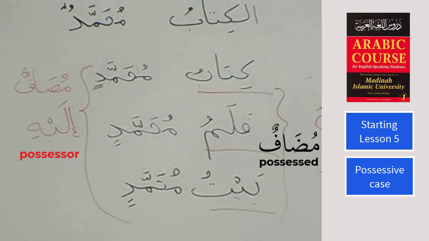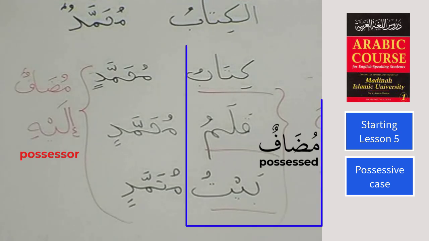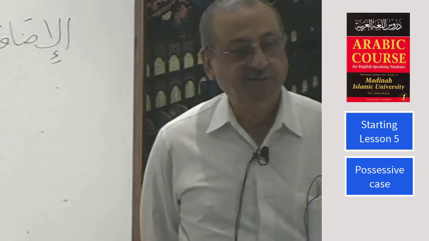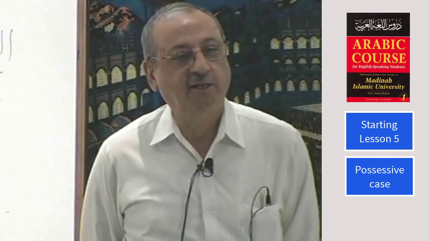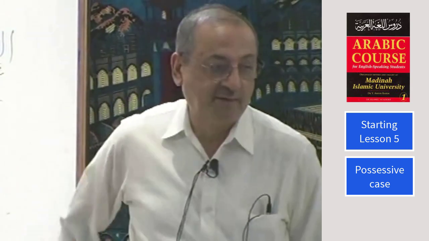What about mudaf? What do you see in mudaf? It's marfu, but it can be mansoob also, and it can be majroor also. It's possible, depending on the situation in the sentence. But for the time being let us consider it as marfu because you see dhamma there.